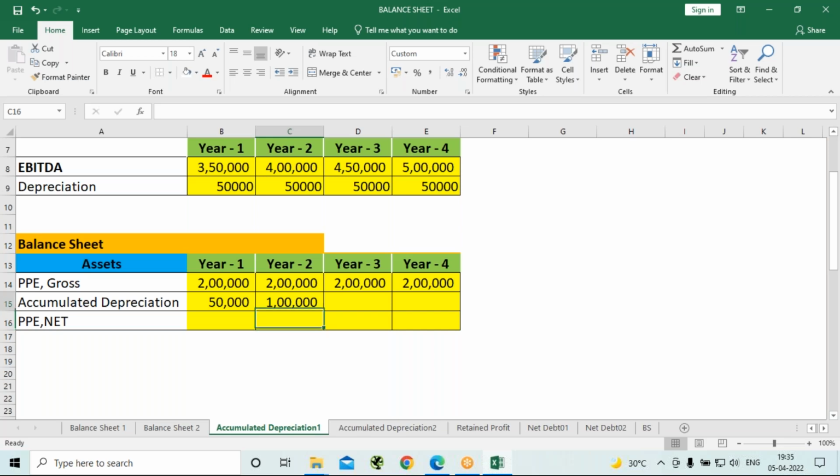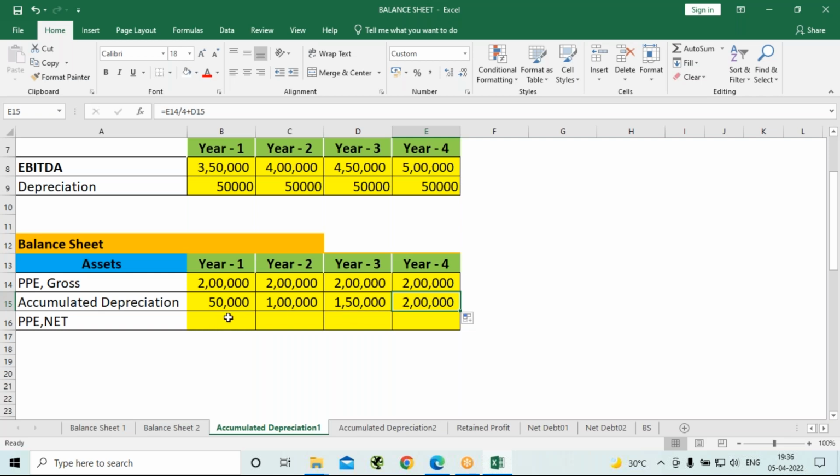So the same thing you are going to calculate for the further years. When you calculate the last final year, it is going to be the same value as your asset. It should be both the same. That means the calculation you have done is correct.